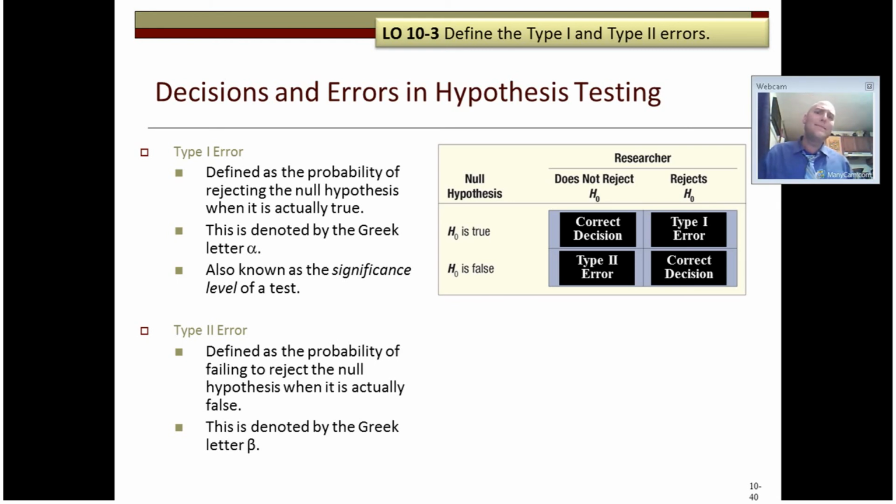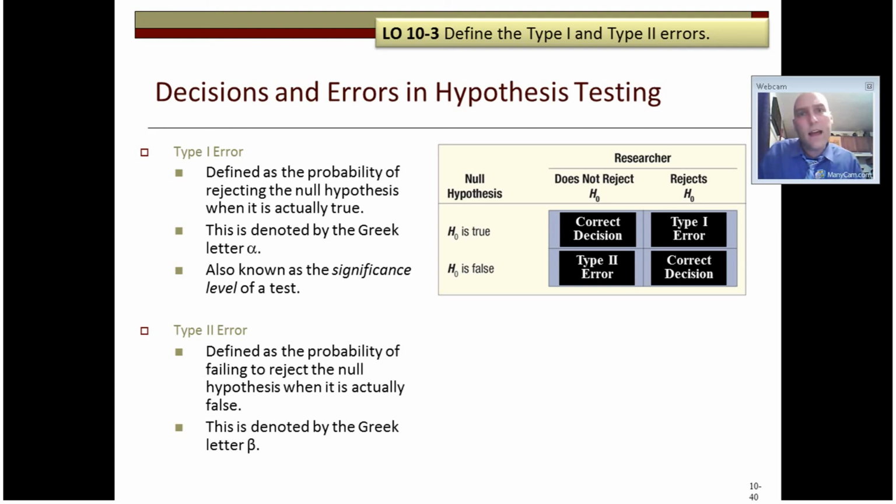But we might make errors. The one I call an error of arrogance is type 1 error. First of all, alpha has an A shaped like an A, like arrogance starts with. If you haven't noticed, I like things that alliterate.